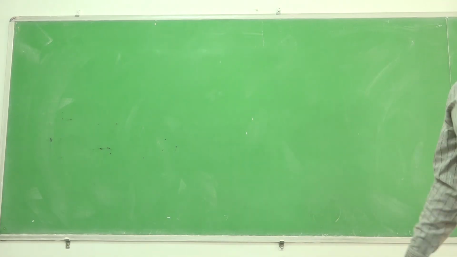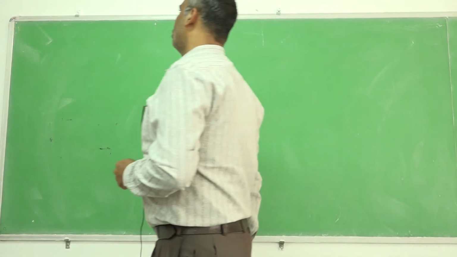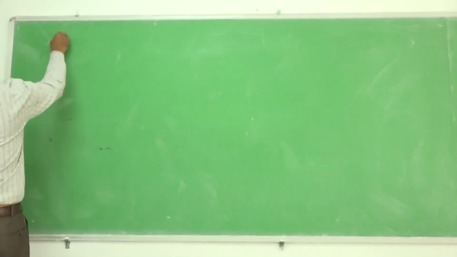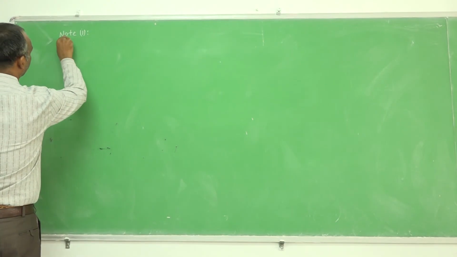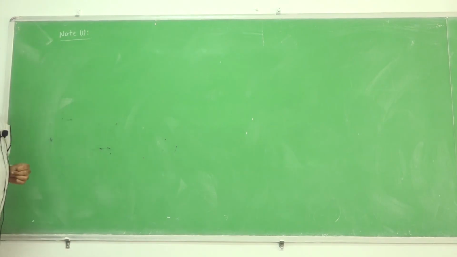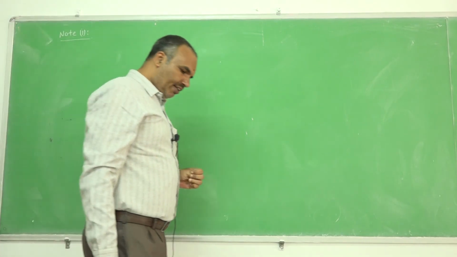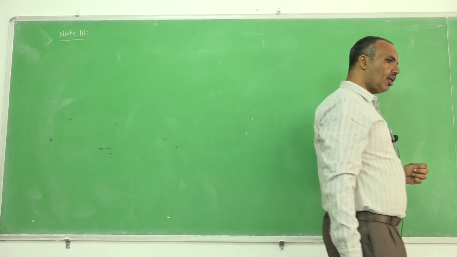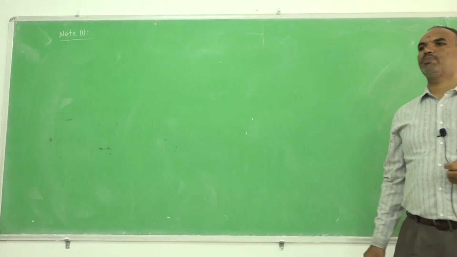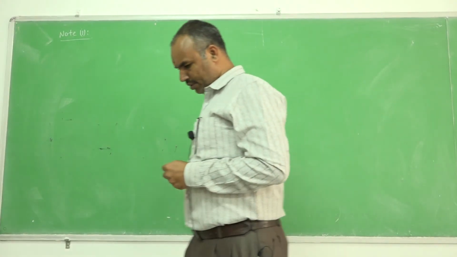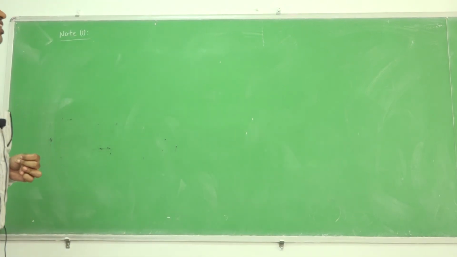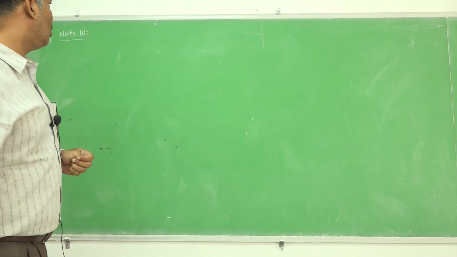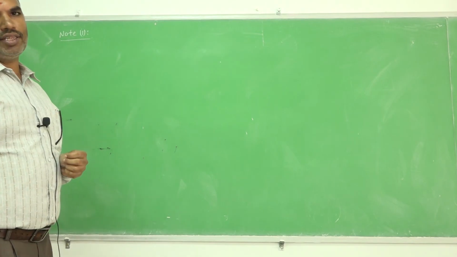Let us see some important note points. Note number 1. In magnetic field, a charged particle is moving means it is experiencing some force. This force makes the charged particle deviate its path.